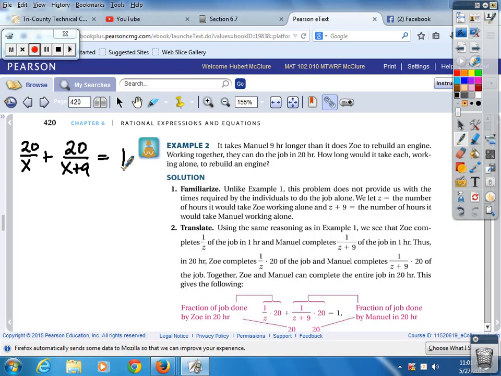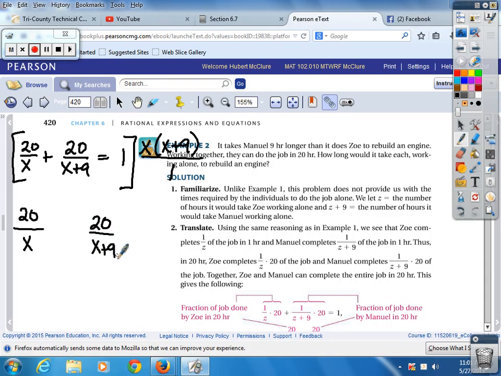And multiply through by X times X plus 9 over 1. And that's going to give us 20 over X, 20 over X plus 9, and 1.